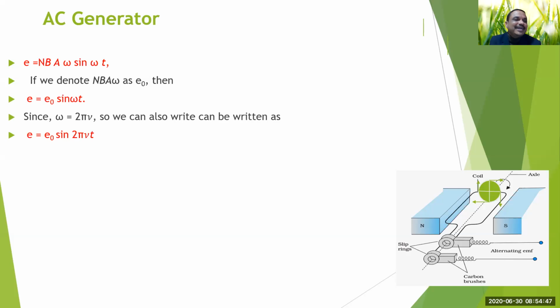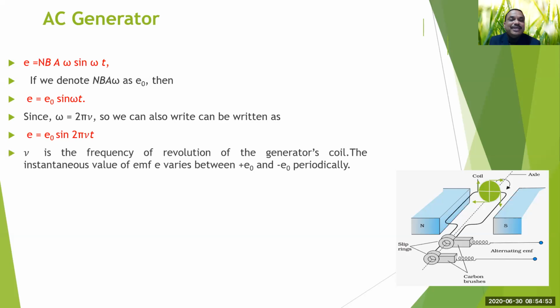So this can be written as E equal to E0 sine 2 pi nu t, where nu is the frequency of revolution of the generator coil. In India, this frequency is 50 cycles per second or 50 hertz. The instantaneous value of E varies between plus E0 and minus E0 periodically. Therefore, the induced current will change periodically.